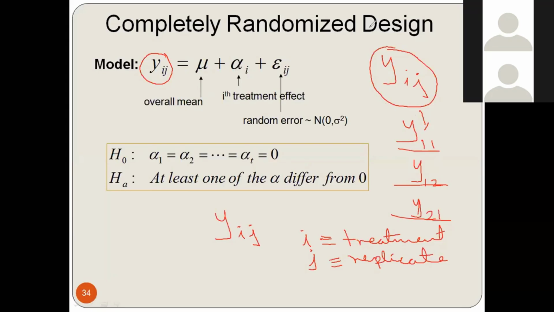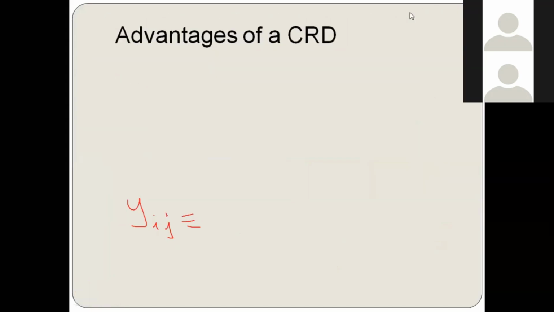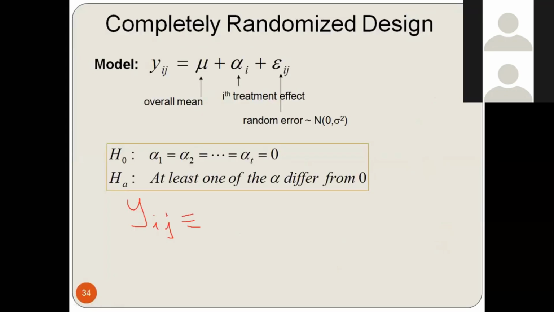I need to write some more. Yij: i means treatment, j means replicate.